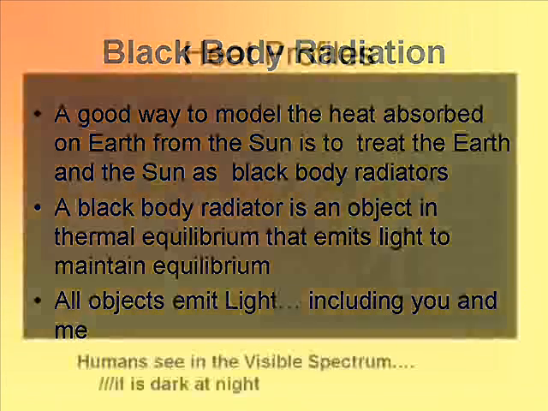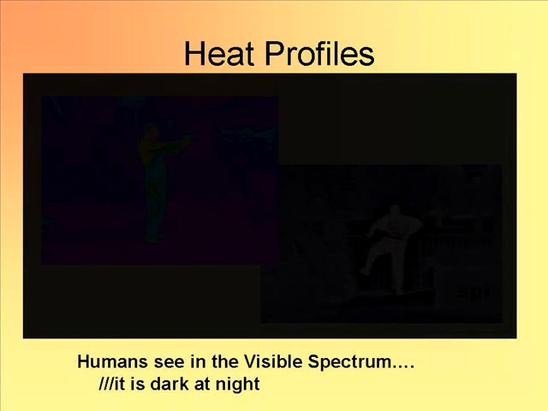Let's take an example of a black body radiator. That's a human or an animal. Now we know that our eyes are tuned to see in the visible spectrum, but at night there could be things lurking out there. The military uses this all the time. Border Patrol uses this. They want to detect people. How would they do that in the middle of the night?